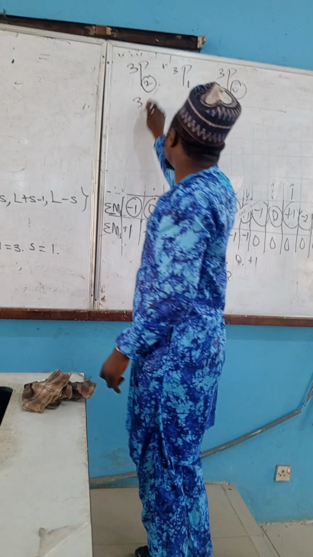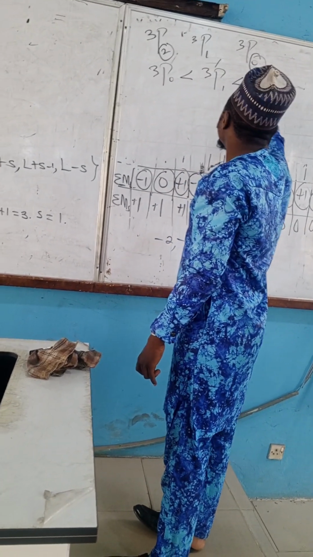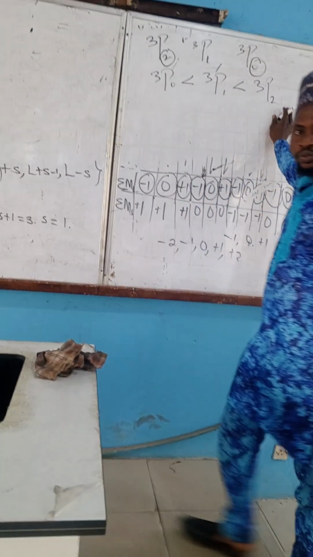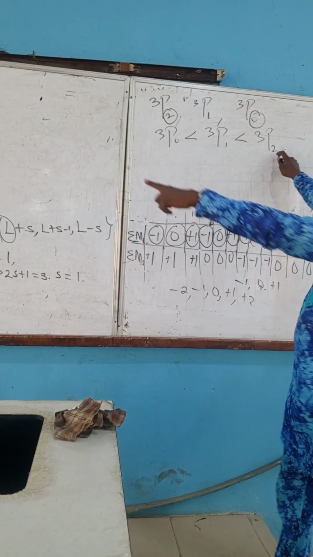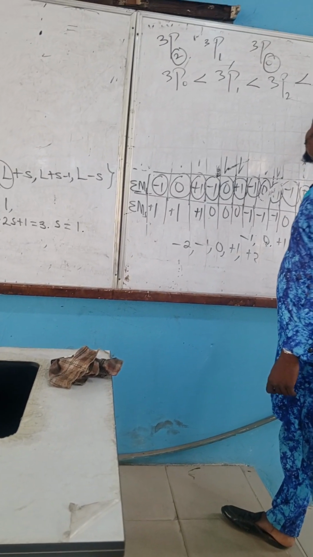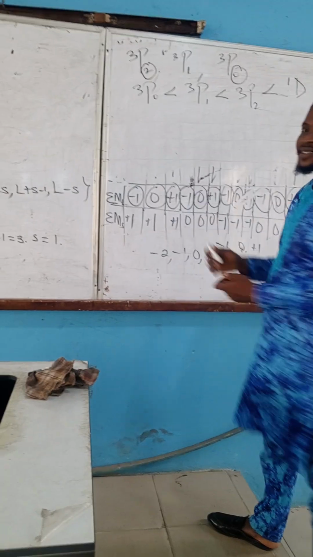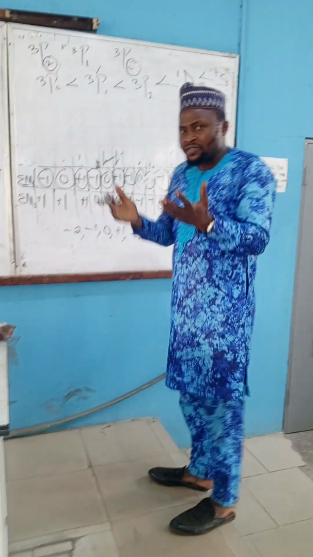It means that this 3P0 is less than 3P1, less than 3P2 in terms of energy, then less than 1D, less than 1S. So how can we understand this?